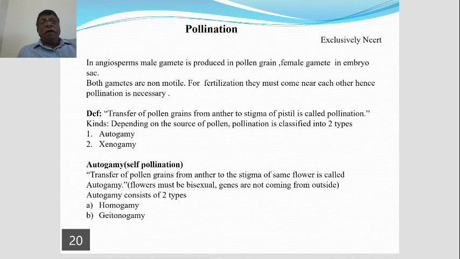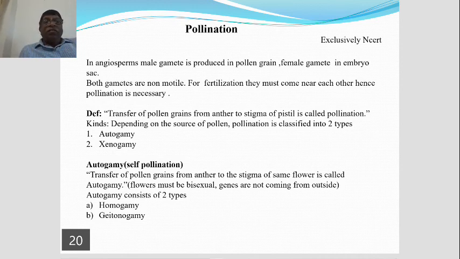Okay. Next, classification. Depending on the source of pollen, pollination is classified into two types. One we call autogamy.